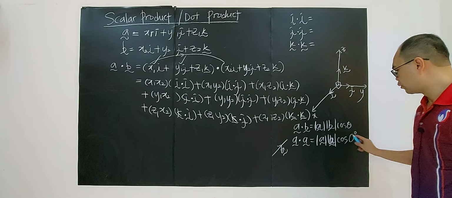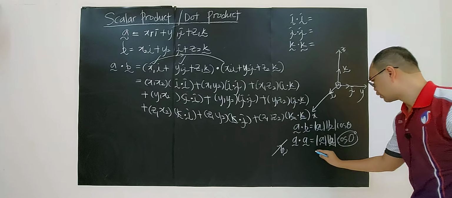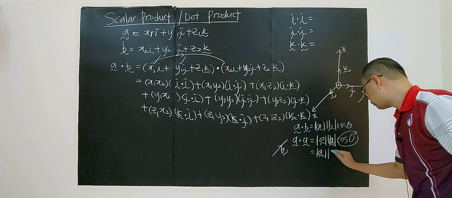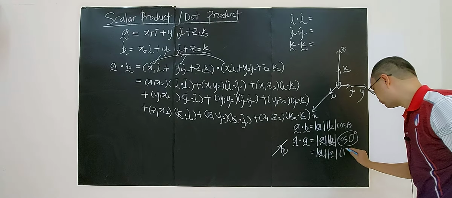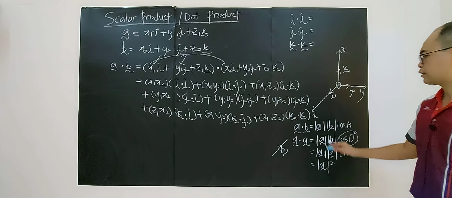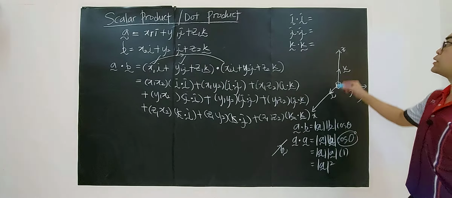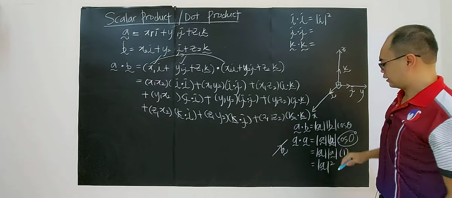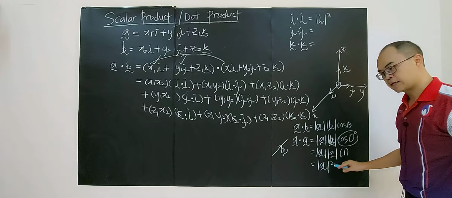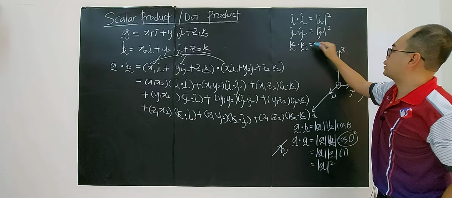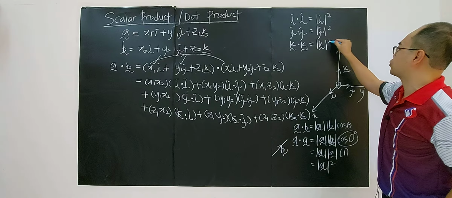Cos 0 gives you magnitude of A times magnitude of A, which is magnitude of A squared. This is a very important result. It means that i dot i is magnitude of i squared, A dot A is magnitude of A squared, j dot j is magnitude of j squared, and k dot k is magnitude of k squared.